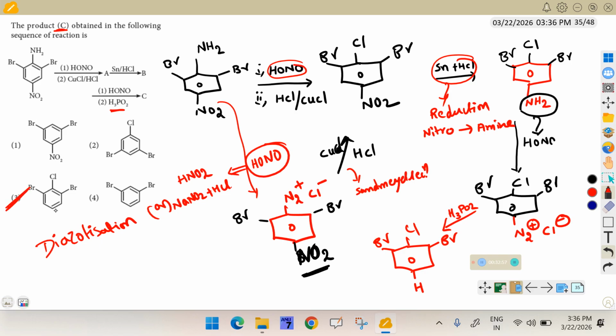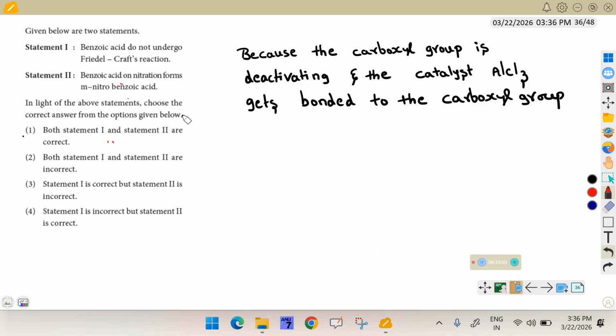Here, at every corner of the benzene ring, along with carbon, a hydrogen atom is present. Benzoic acid does not undergo Friedel-Crafts reaction. Yes, correct. Why does it not undergo Friedel-Crafts reaction? Because the carboxyl group is deactivating and the catalyst AlCl3 gets bonded to the carboxyl group.